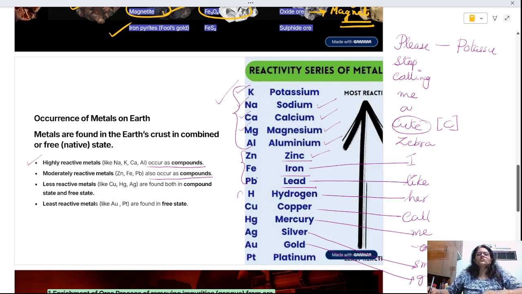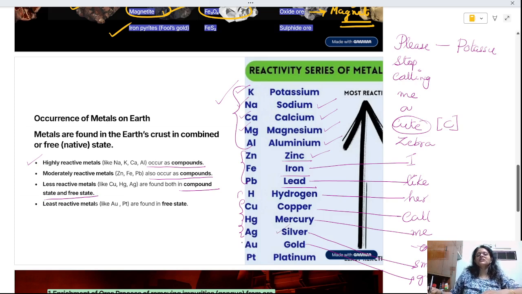Then comes the less reactive metals like copper, mercury, silver. They are found in both compound and free states. That is, we can see copper as copper metal itself, and silver also is present.